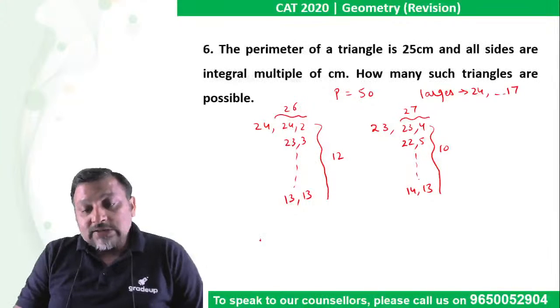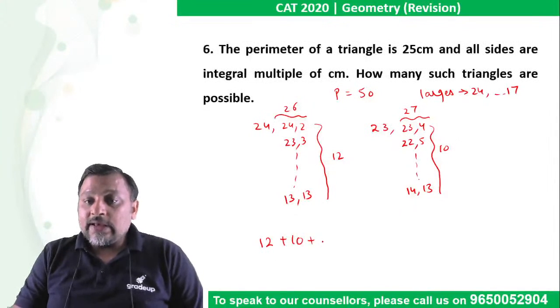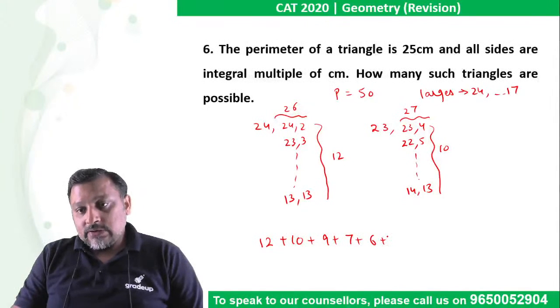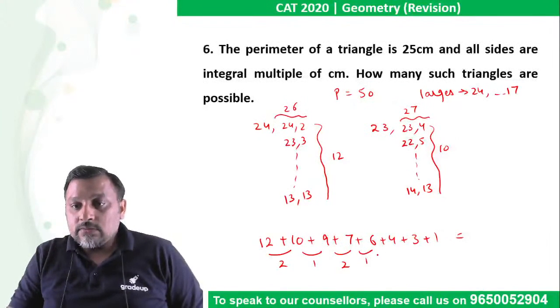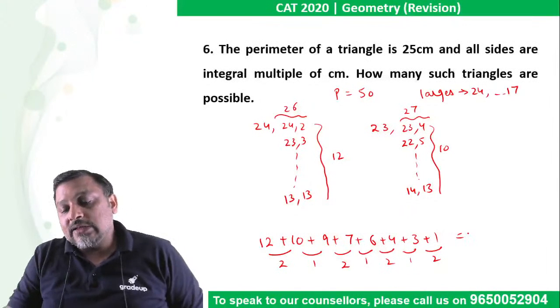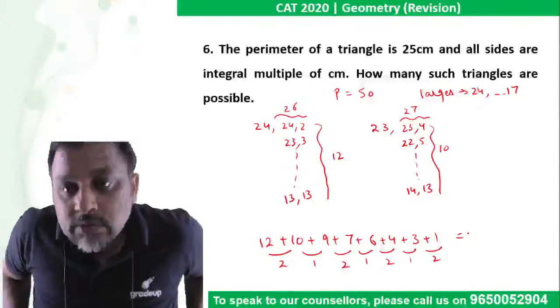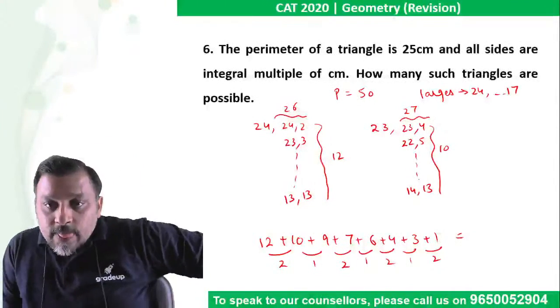So if in first case I am getting 12 triangles, second I am getting 10, then next would be 9, then 7, then 6, 4, then 3 and 1. So this is the total. That means alternate difference of 2 and 1. So add this, you will get the answer. Is this clear now, Harish?